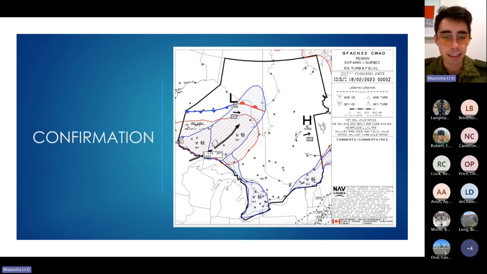Now, if we look at icing and turbulence, I guess kind of similar. What direction and how fast is the low-level jet moving over, I guess it's kind of northwestern Ontario.